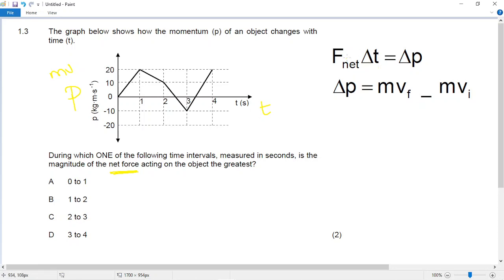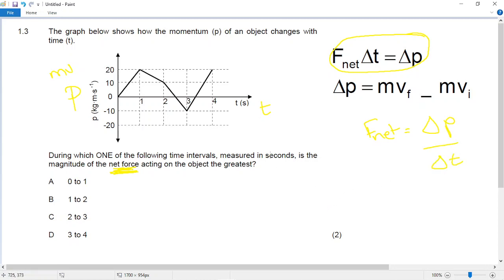So if we look at our momentum formulas, we have Fnet delta t equals delta p. And the question is asking you about the net force. So if we take this equation and we rearrange it to get Fnet only, which is what the question is asking about, we get delta p over delta t.